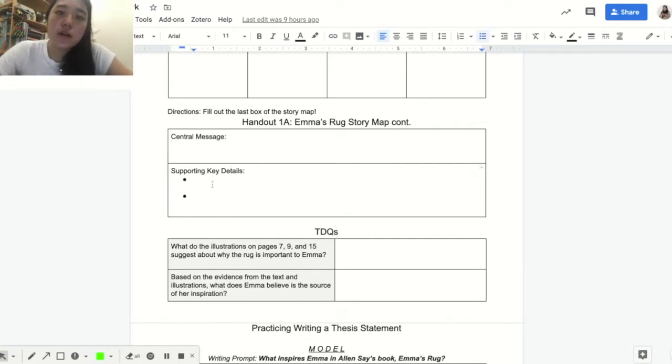And then I want you to find 2 supporting key details, which is 2 pieces of evidence. Okay, and so now that we're approaching the end of 3rd grade, I want to challenge you to write down the exact page number, and especially since this book has the page numbers in the book, you can write, instead of saying in the text, you can write on page blank, Allen Say says, and then write down the evidence that supports your central message.